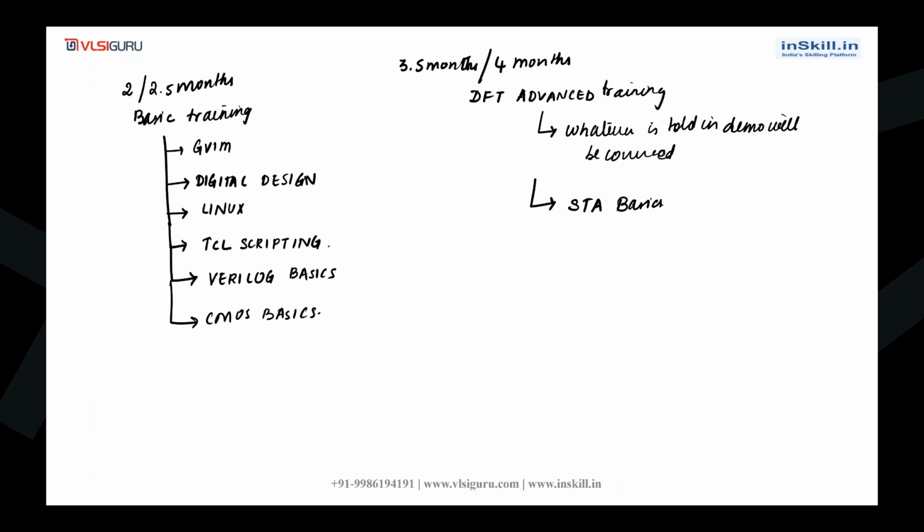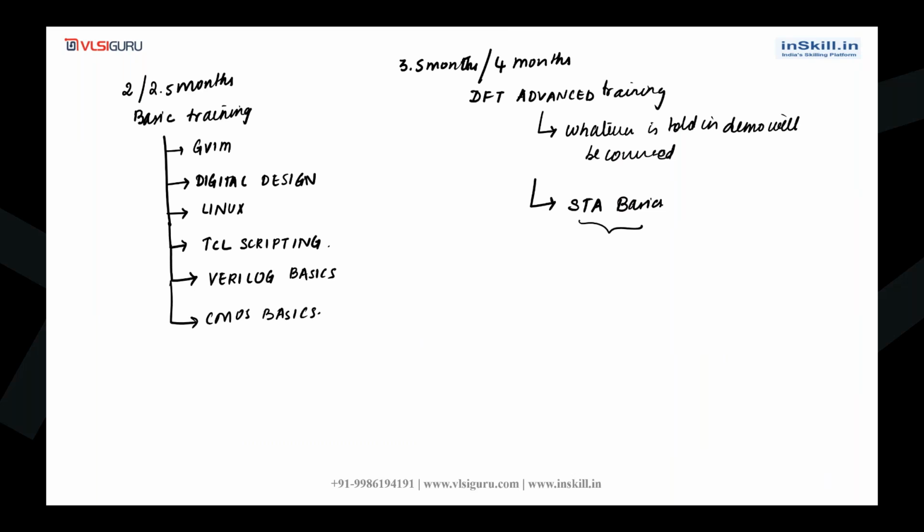So we will take one session and cover some STA basics, to meet the expectations of what is asked in a fresher DFT interview. So this is what our course will be.